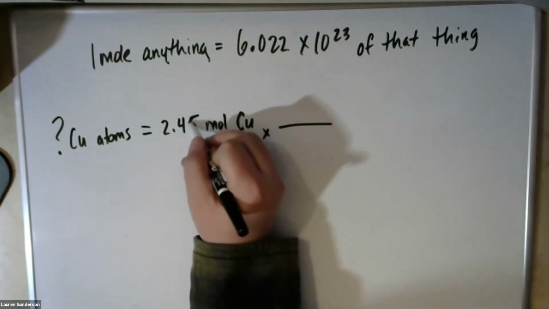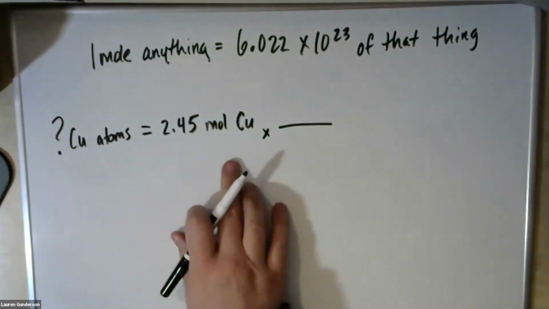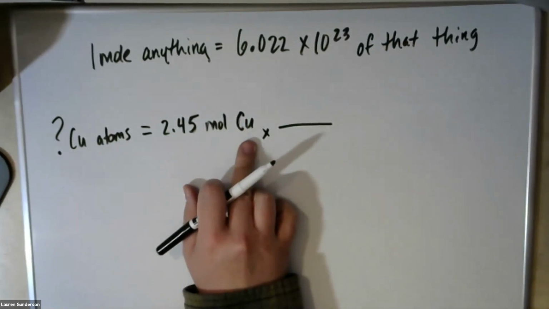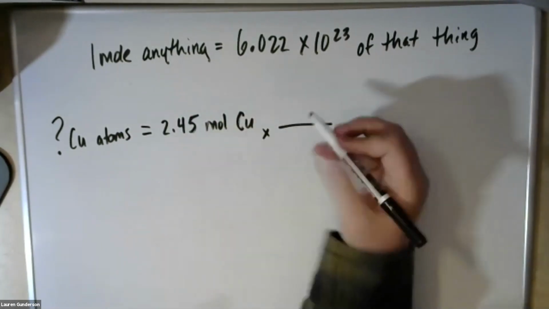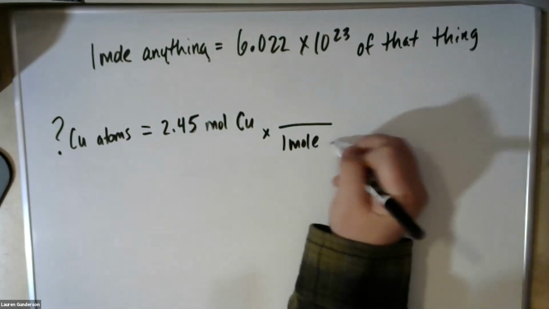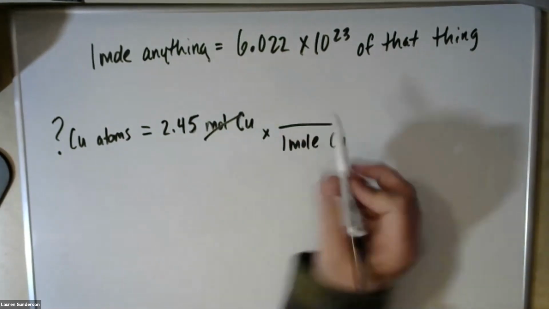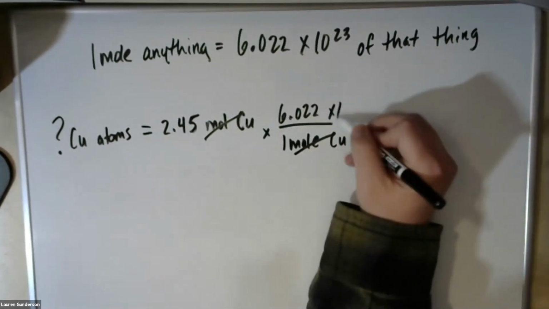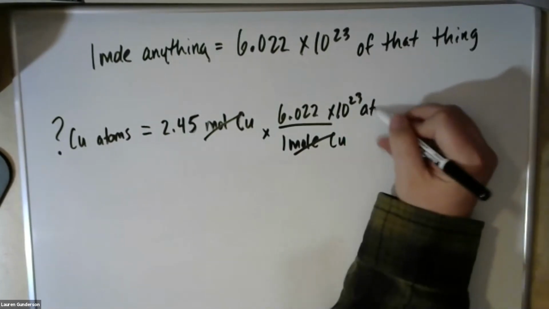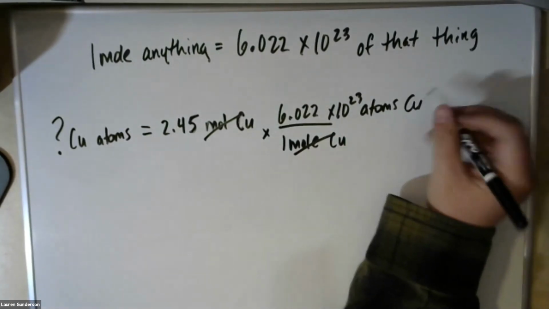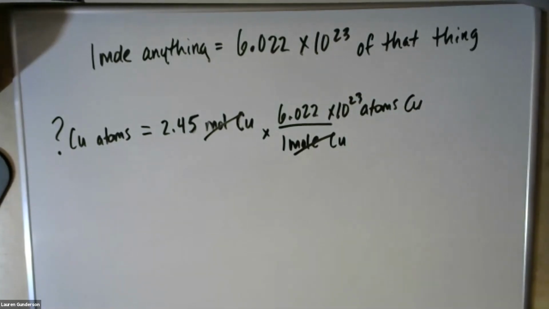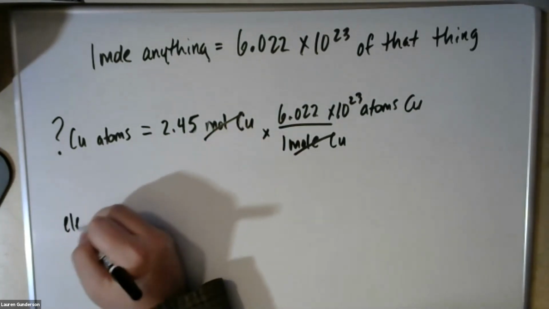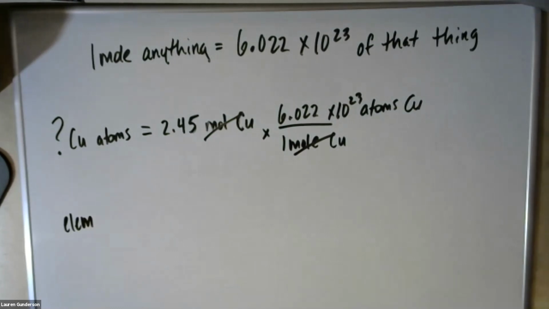So when I'm looking at this equation I've set up, I have 2.45 moles of copper. Well, I know based on Avogadro's number that in any 1 mole of copper I'm going to have 6.022 times 10 to the 23 atoms of copper. Okay, so when I have an element, maybe I can write it like this.